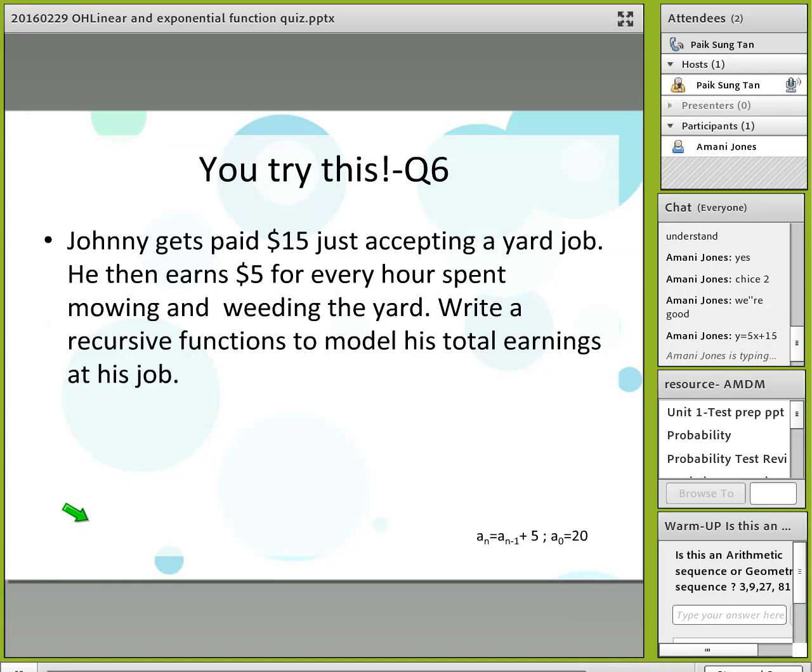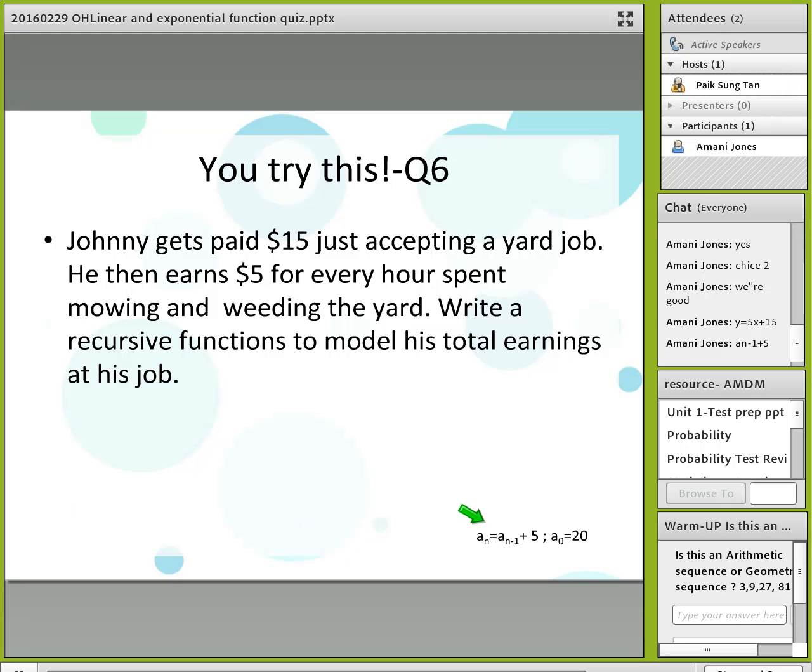I corrected my error. It should be updated in the link that you would download. Yes, a_n minus 1 plus 5. But you always have to start with a_n equals a_n minus 1 plus 5.